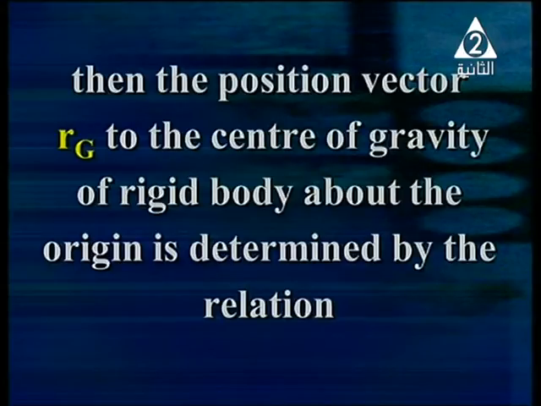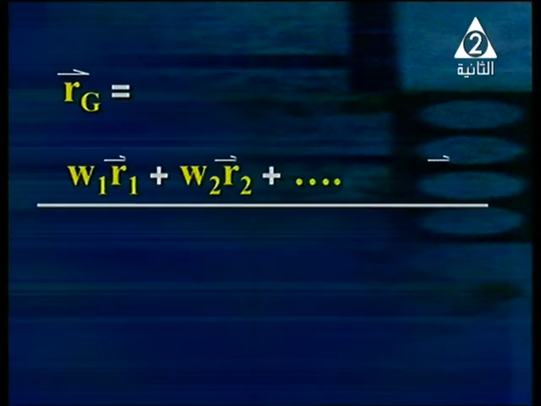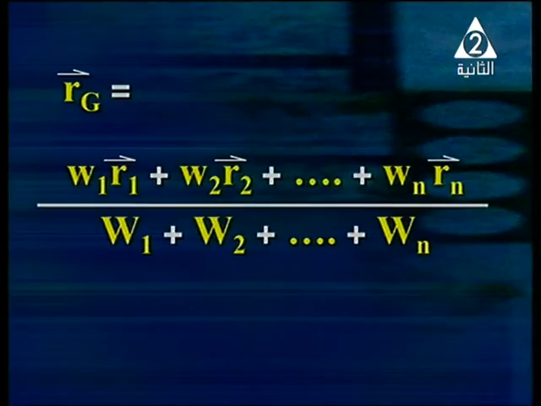What is the relation of the position vector rG? Look, student. rG vector equals W1 r1 vector plus W2 r2 vector plus up to Wn rn, over the sum of the weights W1 plus W2 plus up to Wn.